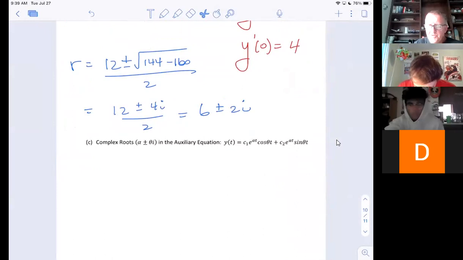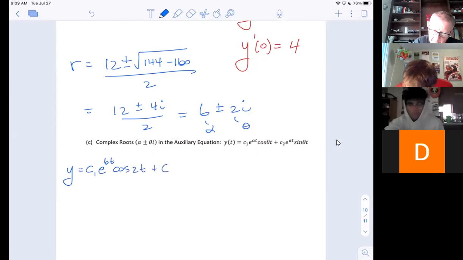So you're staring at this note sheet. You don't need to make this for yourself. This is what it looks like. You don't need to build this, just use it. So it's kind of important to identify that 6 is the alpha and 2 is the theta. So then you say that my answer is equal to C1 e to the 6t cosine of 2t plus C2 e to the 6t times the sine of 2t.